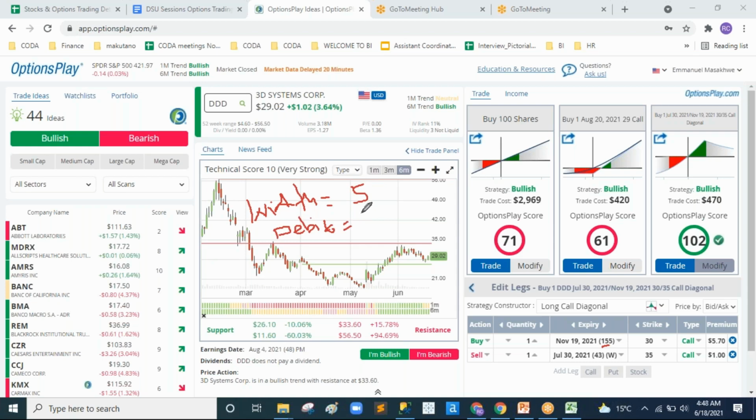Oh, I minused the wrong one. Okay, 470. That's very close. 470. But at least it's in the good range, where the width is greater than the debit.